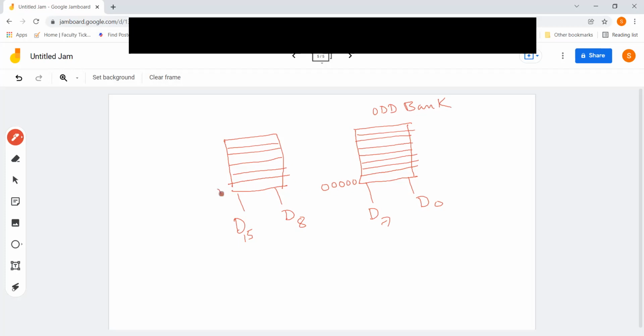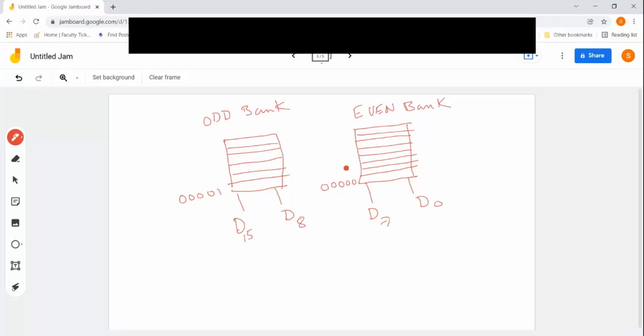8-bit location will be, sorry, this is called the even address. Sorry for that. The first one is called the even address, even bank, and 00001. You can see the number is odd itself, so it is the odd bank. So for two consecutive locations, 16 bits, D0 to D7 is called the even address, D8 to D15 is called the odd address.